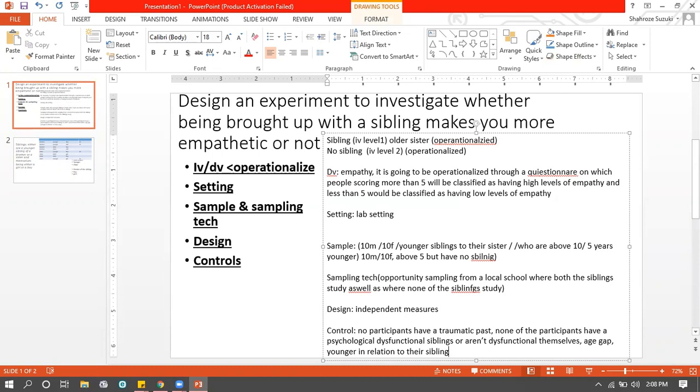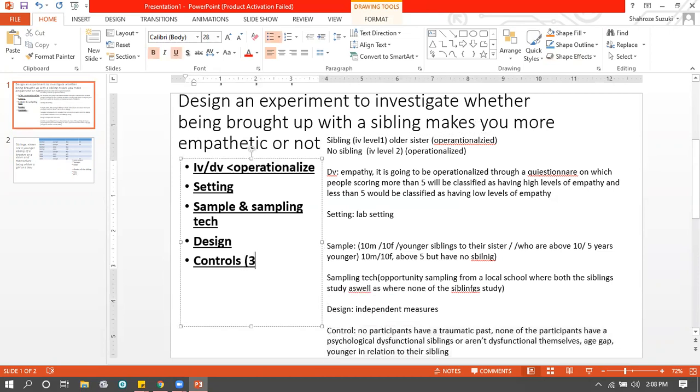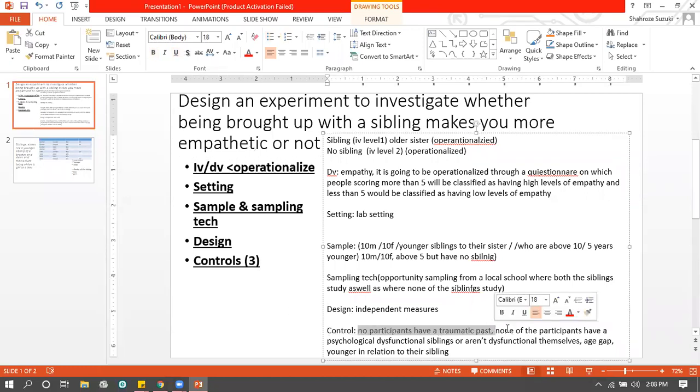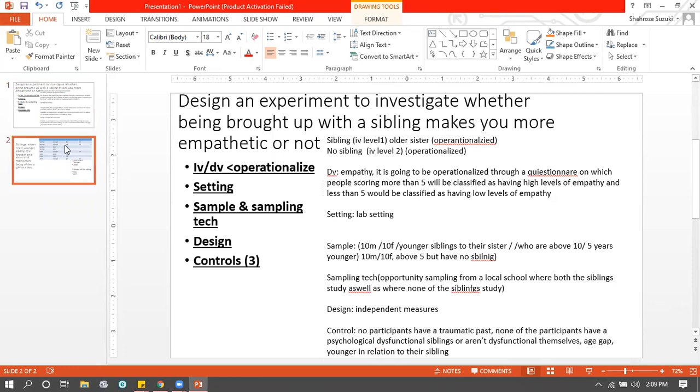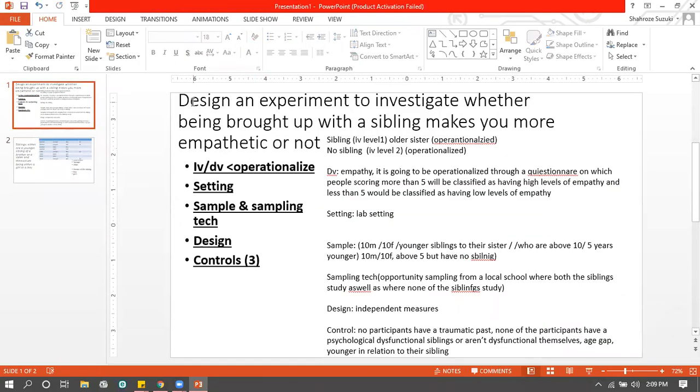So these are the extraneous variables that you chose to control. You need to mention at least three controls to get the point. You mentioned this one, you mentioned the age gap, and then you mentioned the relation to their sibling. So that's how you design an experiment.